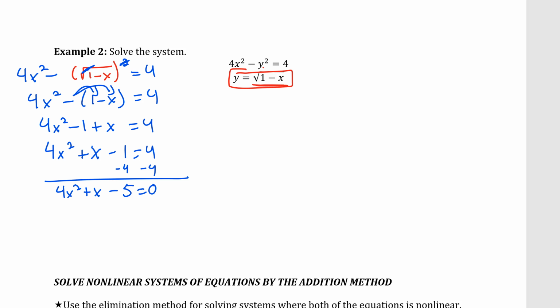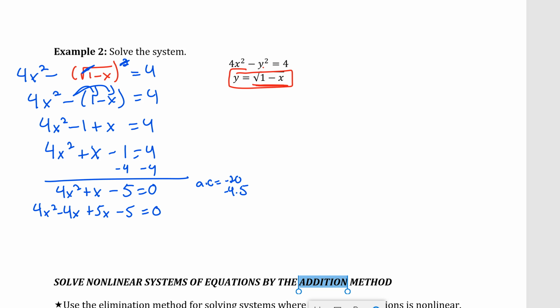Again, you can solve by the quadratic formula. You can factor. Either way, I'm actually going to factor because 4 times negative 5, my a times my c, is a negative 20. Factors of negative 20 that add up to a positive 1 are going to be a negative 4 and a positive 5. So I'm going to get 4x squared minus 4x plus 5x minus 5 equals 0.